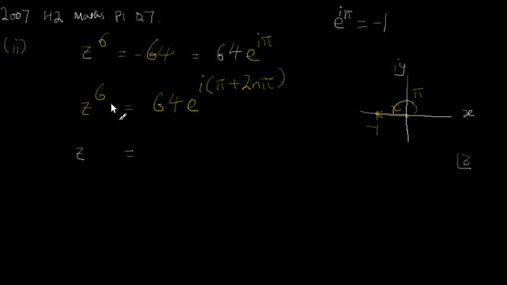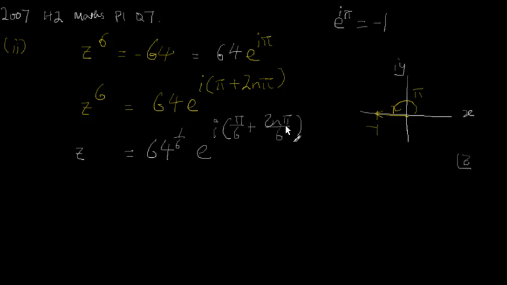So if I raise this to the power of 1/6, I'll get 64 to the power of 1/6, and then e to the i, this divided by 6. So I get pi over 6 plus 2n pi over 6.